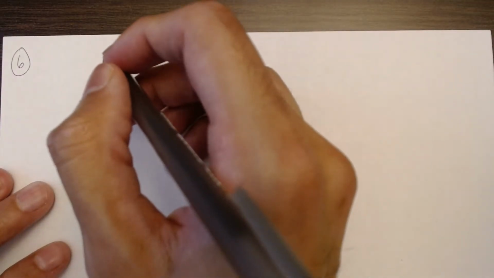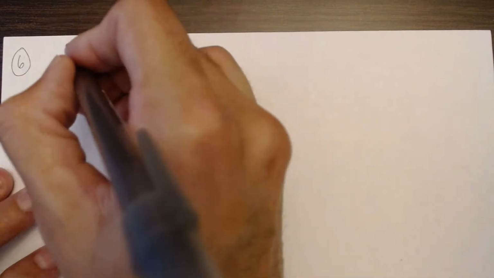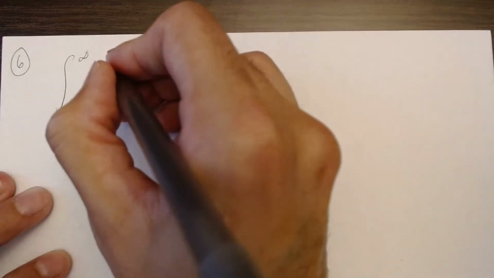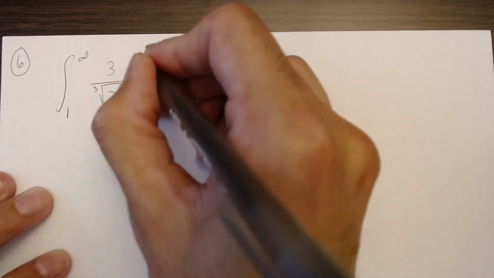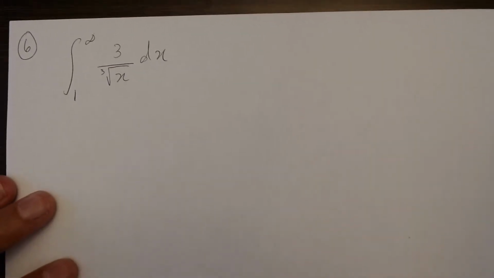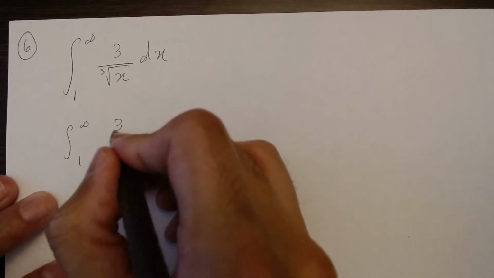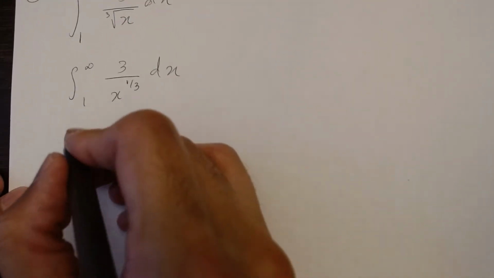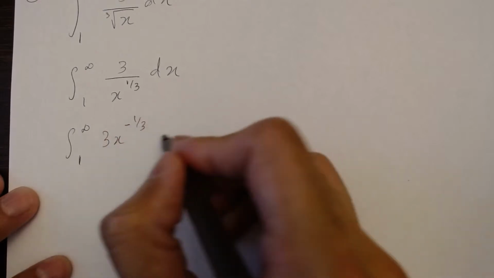Next question, we have to evaluate the following improper integral. So the integral from 1 to infinity of 3 over cube root x dx. Before we integrate this, we can simplify it. 3 over x to the power 1 over 3 dx, and then we can simplify it again: 3x to the power of negative 1 over 3 dx.